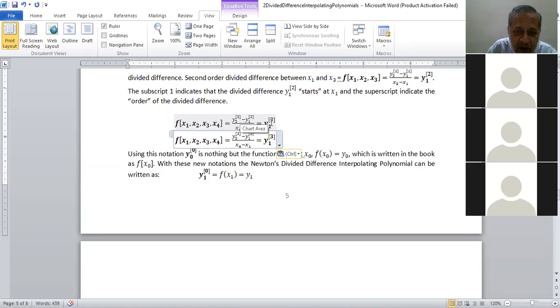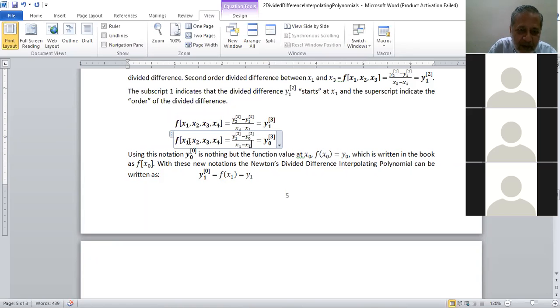Now this was the third order divided difference starting at x1. If I had to start at x0, what change should be there? First, the subscript here has to be made 0. The second order difference is starting at x0, and the second order difference starting at x1.